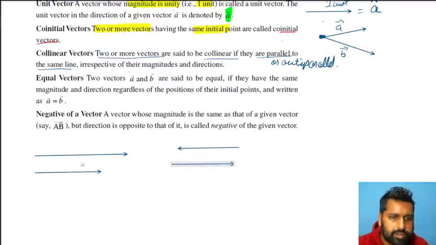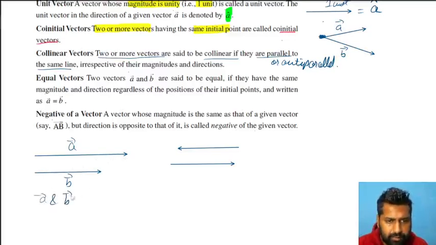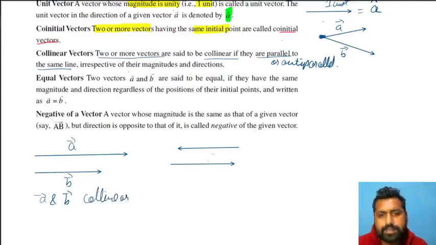Let's understand the first situation. A vector, B vector, both have the same direction, both are going towards the right. Magnitudes are different because the lengths are different. So I can say A and B are collinear. They can have the same direction, but this is also the case in which they have opposite directions. So this is the case of parallel that I was talking about, and this is the case of anti-parallel.